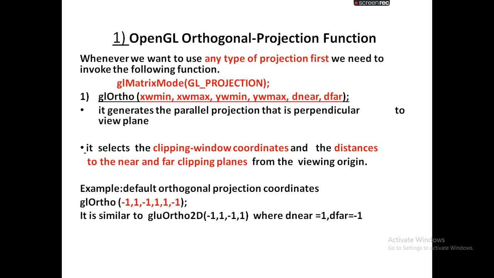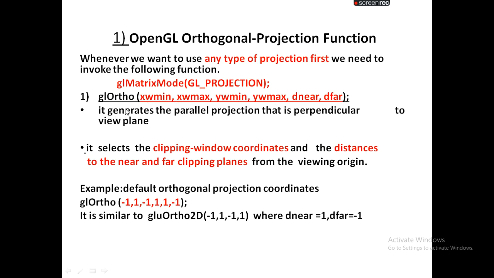So totally 6 parameters I need to pass to create a viewing volume of parallelepiped shape. So glOrtho will take x window minimum, x window maximum, y window minimum, y window maximum, z window minimum, z window maximum. But I have written here near distance and far distance. This is nothing but the z-axis value, like positive z-axis and negative z-axis.